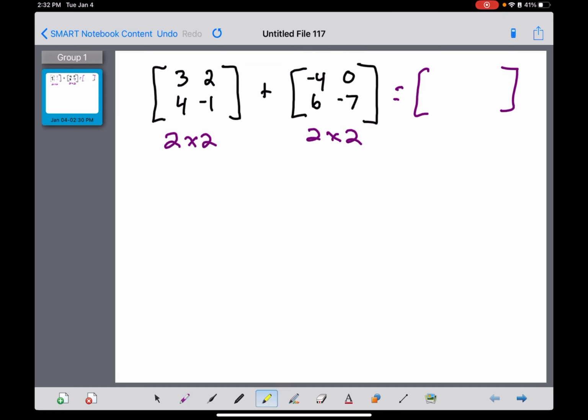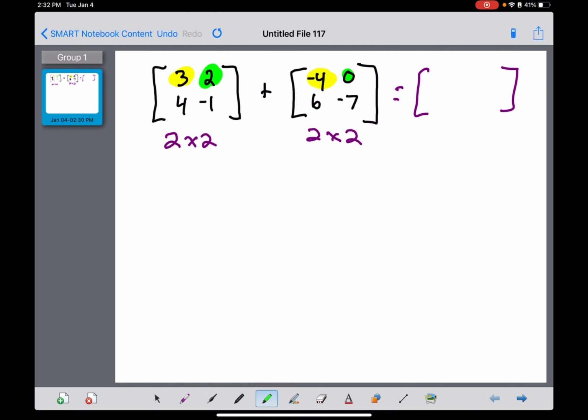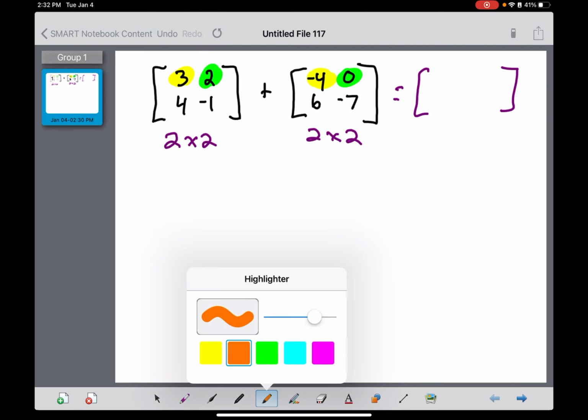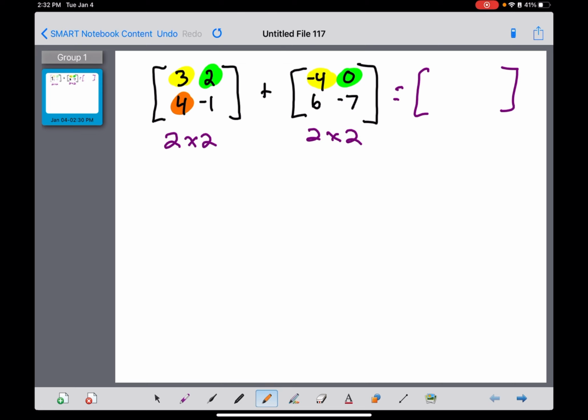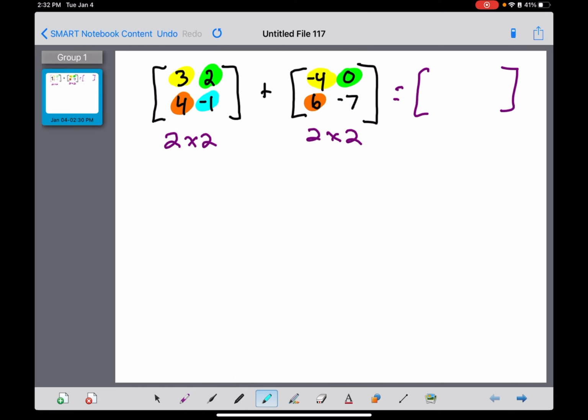The way we added them is we took the elements in corresponding spots and added them together, or subtracted them when we were doing subtraction. We can color code it a little bit. 3 plus negative 4 is negative 1, so first row, first column is negative 1.